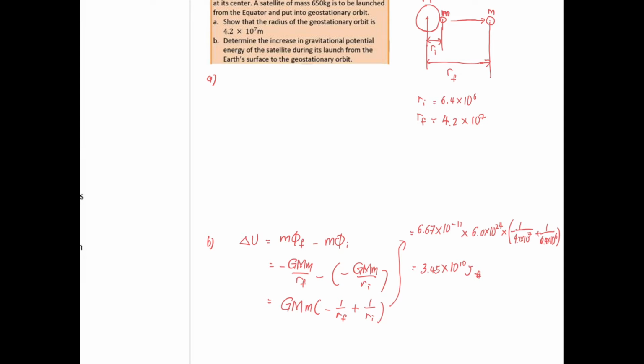So what am I trying to let you know is that when you bring an object away, then the delta U will be a positive value, meaning that there is an increase in gravitational potential energy.